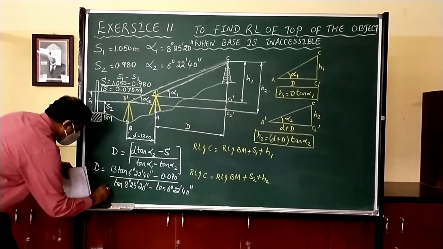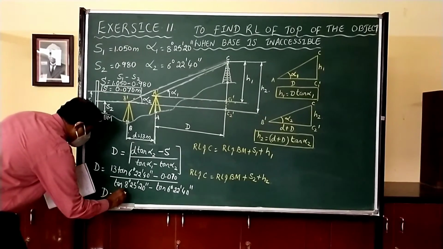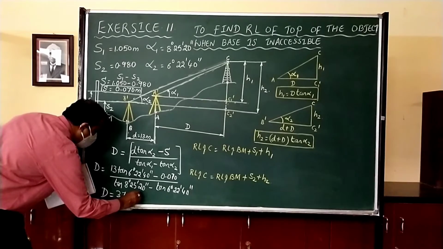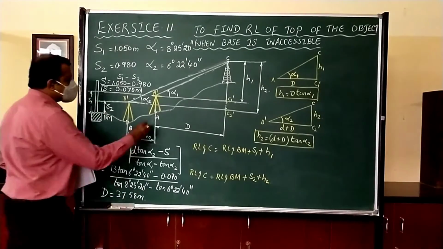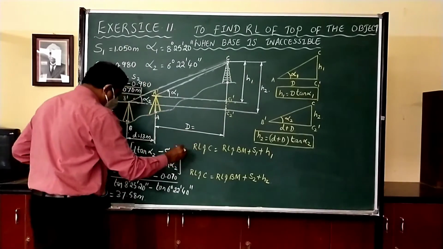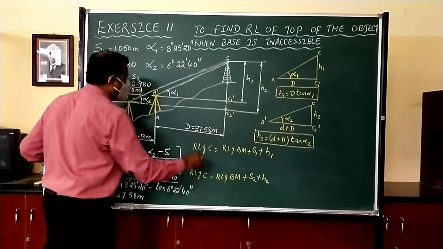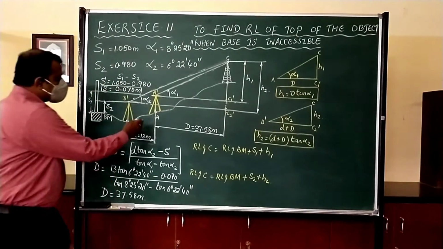Therefore, the horizontal distance D is equal to 37.58 meter. This is the distance between A and the object. Now we have found out this distance D.